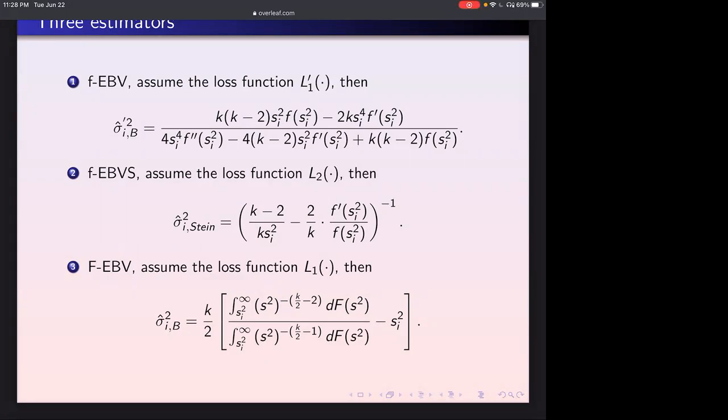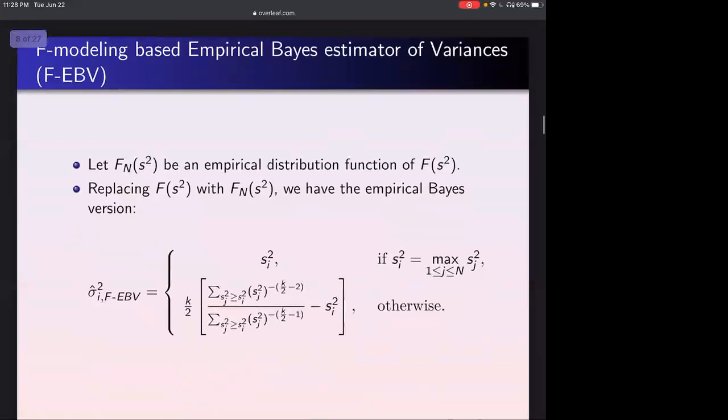So very interestingly, if we assume the loss function L1, then the resultant Bayes estimator actually depends on the data through its marginal cumulative distribution function. Okay. So because the third one depends on the cumulative distribution function, and the cumulative distribution function can be easily estimated by using the empirical distribution function, by replacing this F of s squared with the empirical distribution function, we have the empirical Bayes version.